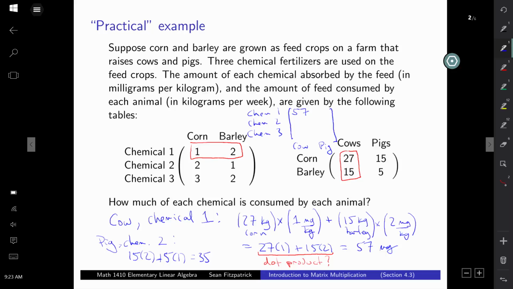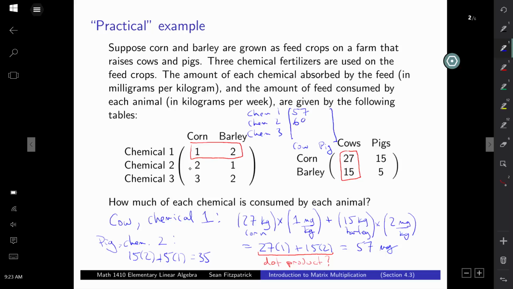If I want to know how much of chemical 2 is consumed by the cow, well then I should be doing, so chemical 2, that's row 2, column 1, right? Second row of this matrix, first column of that matrix. So I go over to the second row for this matrix to get chemical 2, first column for this matrix to get the cows, and I'm going to be doing 27 times 2 plus 15 times 1.